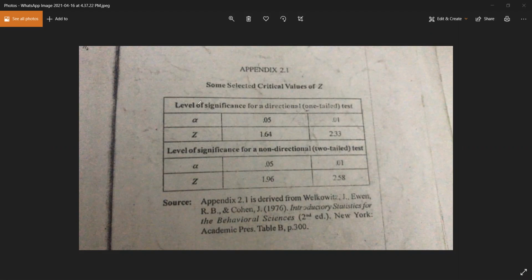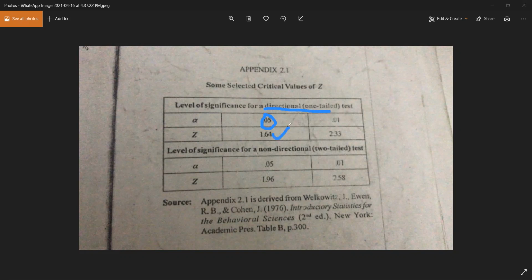First, you remember I said you need two things: your level of significance, and whether your hypothesis is directional or non-directional. Our level of significance is 0.05, and it was directional. Hence, we are supposed to select this value.